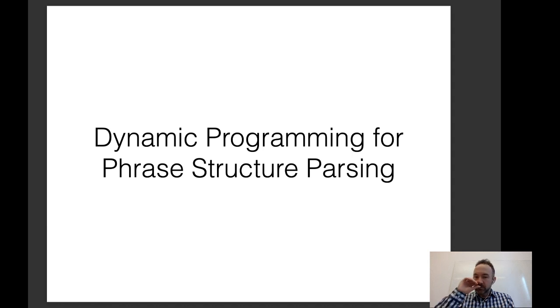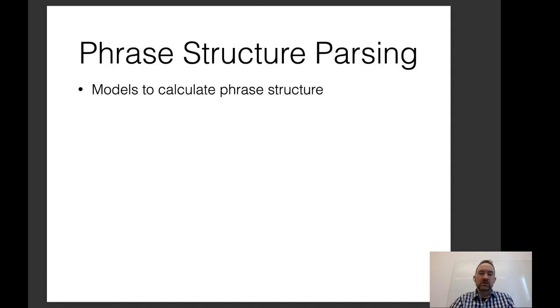Okay, so now I'd like to shift gears a little bit to dynamic programming-based models for phrase structure parsing. One thing I should point out is there are shift-reduce models for phrase structure parsing, and dynamic programming models for dependency parsing.